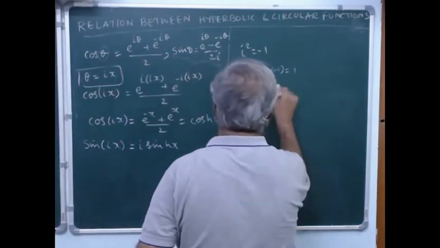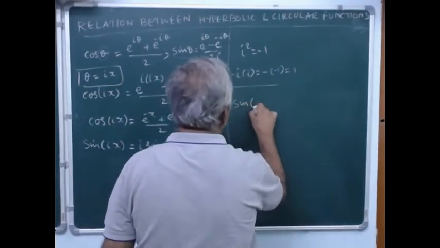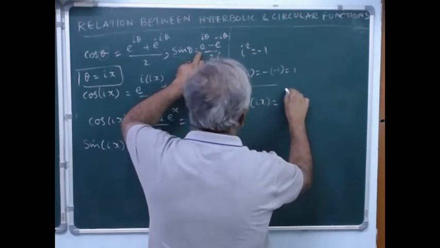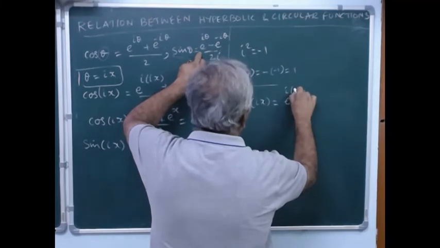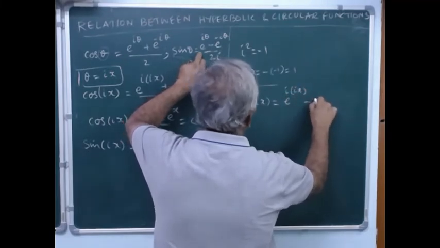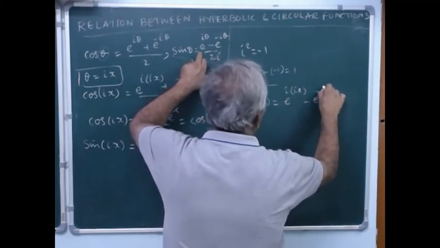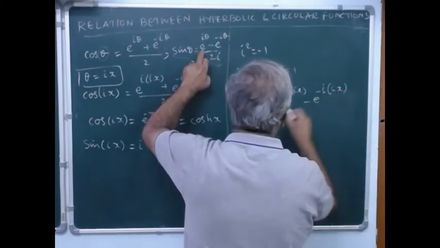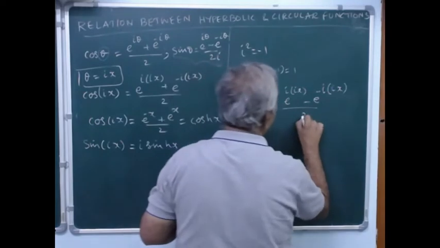How? Let us work this out. Sine of ix is equal to, let us substitute here i theta, that is e power i into ix, minus e power minus i into ix, and therefore whole divided by 2i.